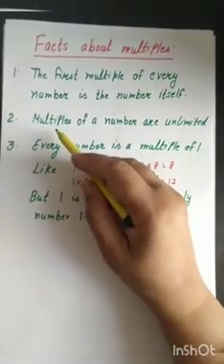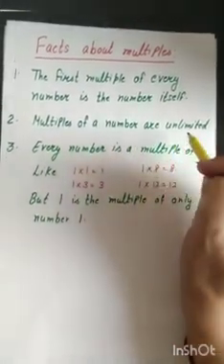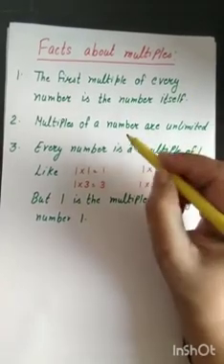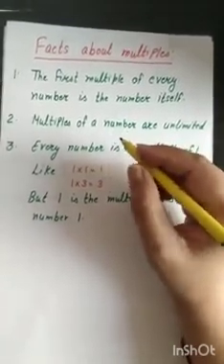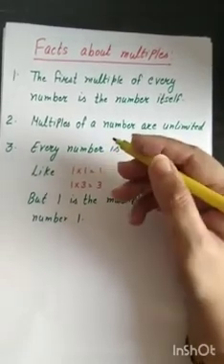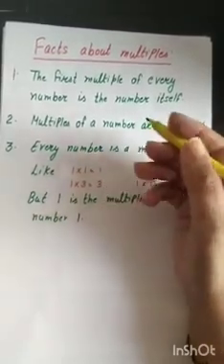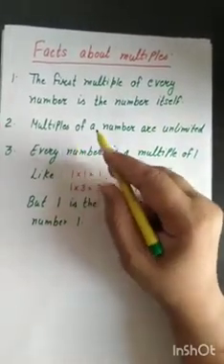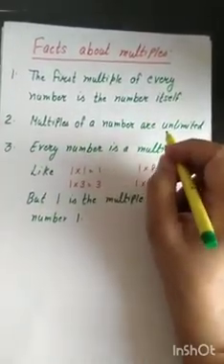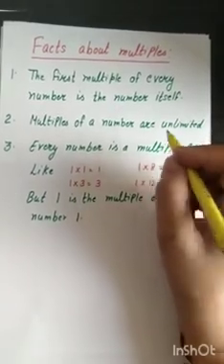The next fact is, multiples of a number are unlimited. Like I told you in the factors, the factors of any number are limited. We can count that this number has 2 factors, this number has more than 2 factors, but multiples are unlimited. There is no end of the multiples.